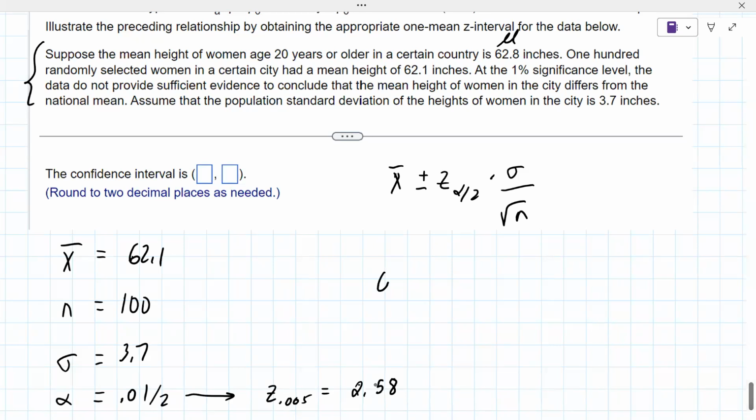So this is 62.1 plus or minus 2.58 times 3.7 divided by the square root of 100. Okay, so use that Desmos calculator. See if you can calculate either the lower or the upper bound, and you're rounding to two decimal places on that.